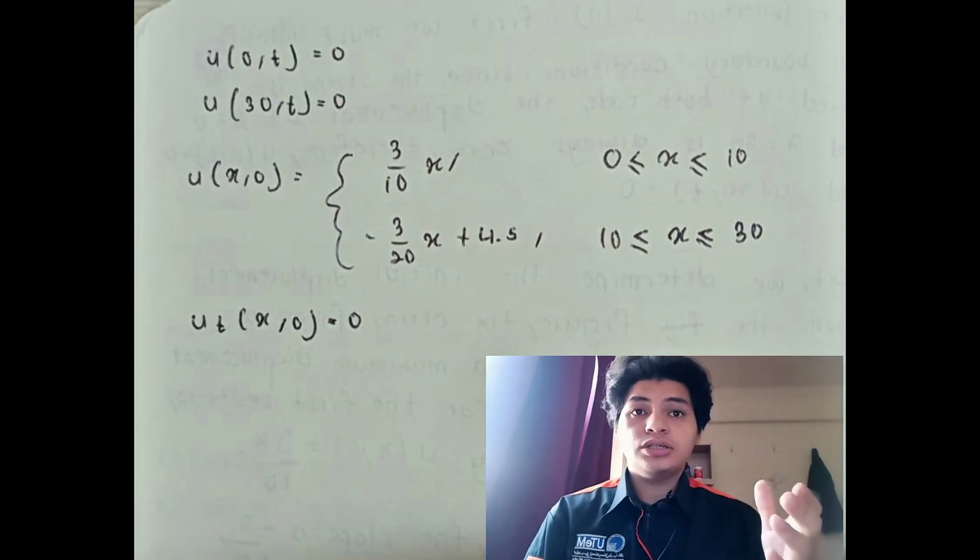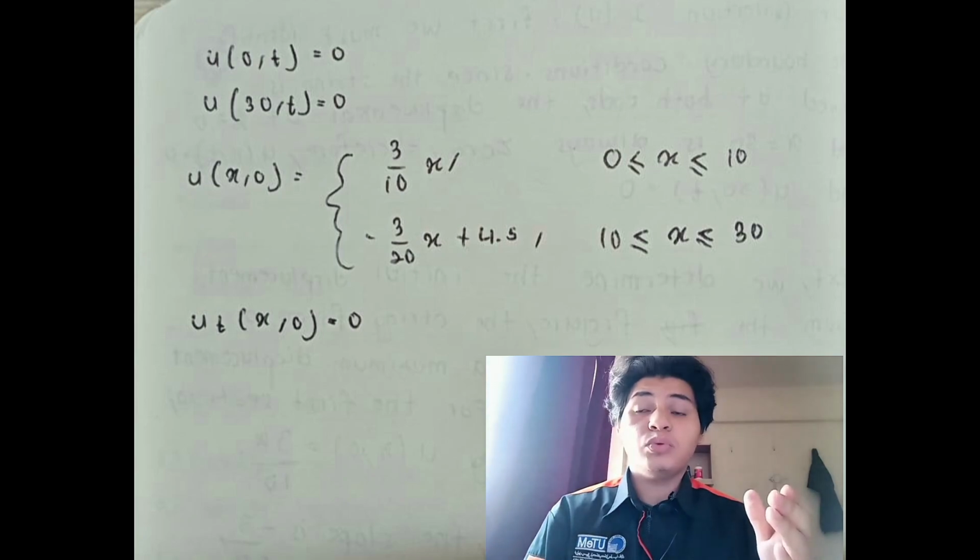For the second section, from 10 to 30 cm, the gradient is minus 3 over 20, giving the equation u(x,0) equals minus 3 over 20 x plus 4.5. How did I get minus 3 over 20 x plus 4.5? The value 4.5 is the y-intercept of the second line.